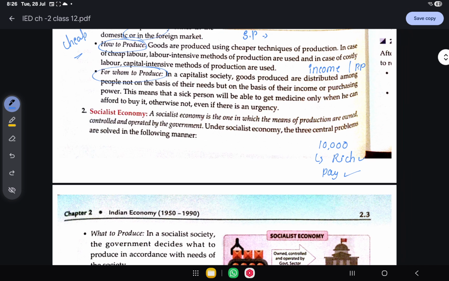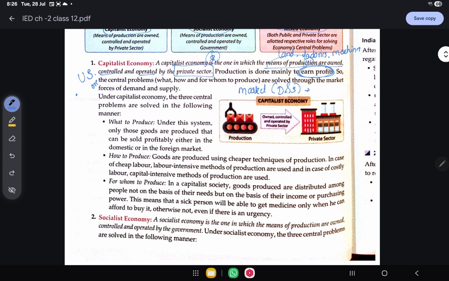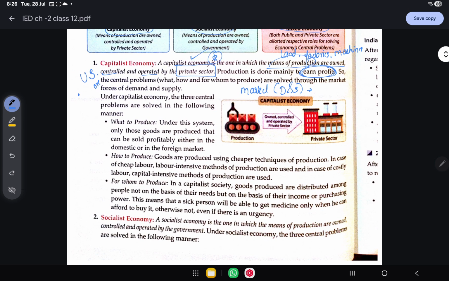Okay, so remember, for whom to produce in a capitalist economy: the goods are produced for those who have the purchasing power. Make sure that you are learning the features of a capitalist economy. So what are the features? One is that property will be owned by private people.